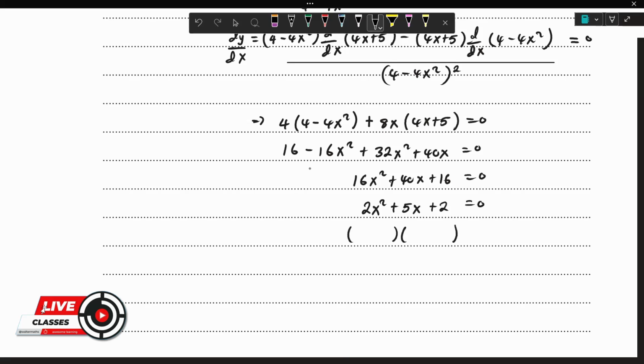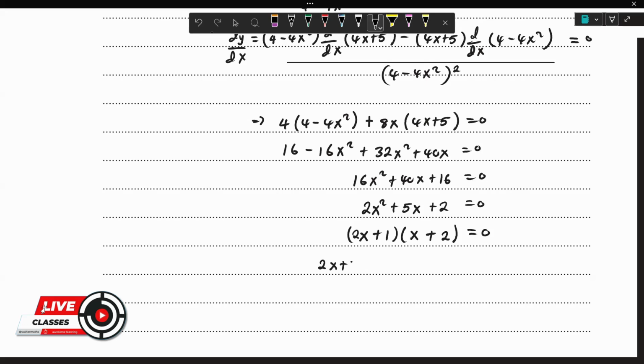So we can now factorize this. It's x and 2x, then 1 and 2, so it's actually plus and plus. I think this is fine.